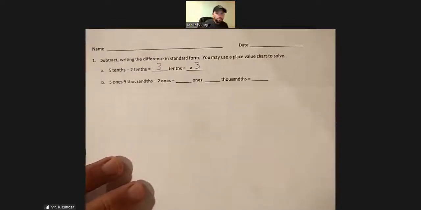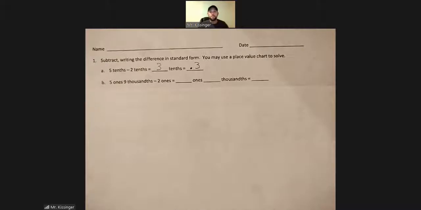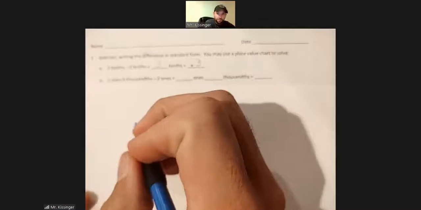So now we move into using a few different place values. This one says 5 ones 9 thousandths minus 2 ones equals. So let's draw ourselves a place value chart, and we'll start with ones.